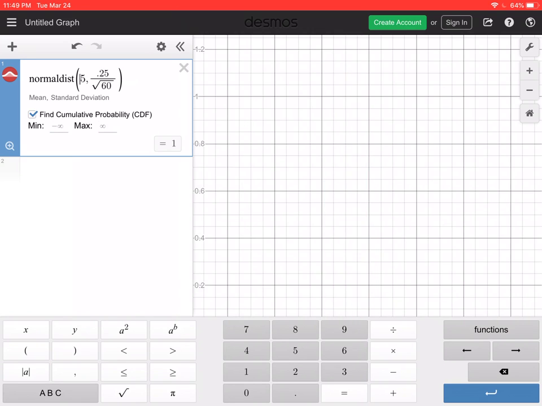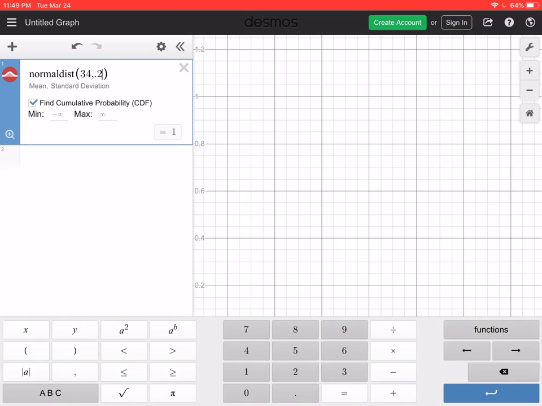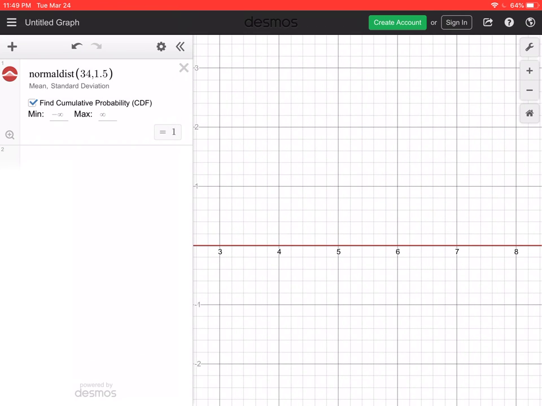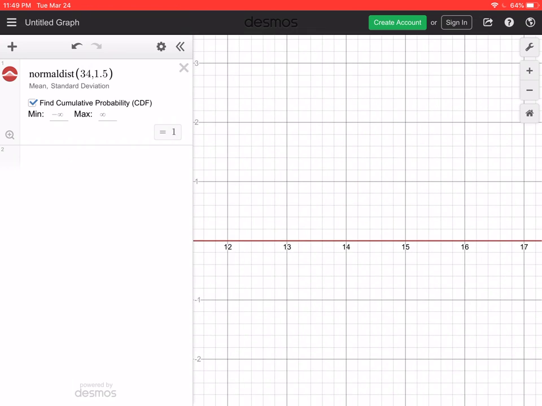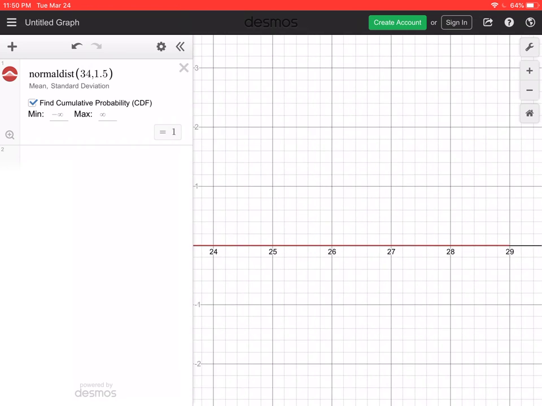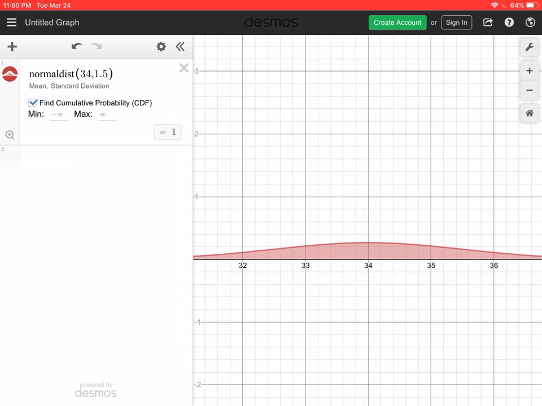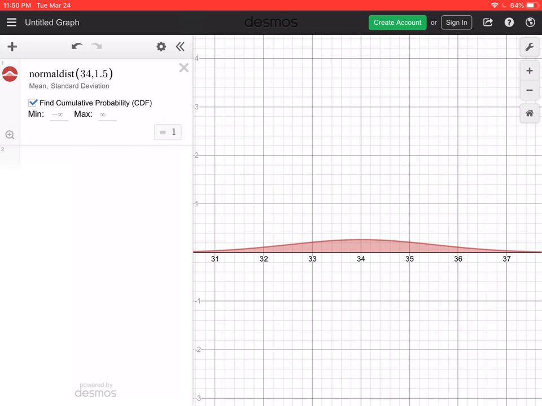So now we have our mean value of 34, our standard deviation value of 1.5, and our curve is going to be centered somewhere around 34. We really don't even need to see the curve to run the calculation, but it can be helpful sometimes to just see what the curve looks like in general.